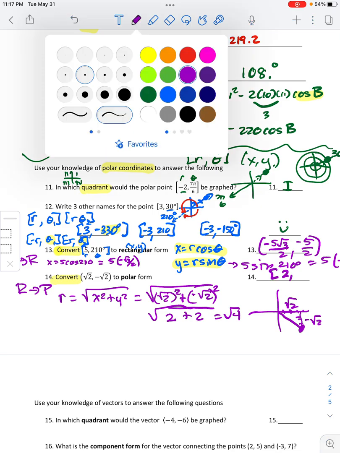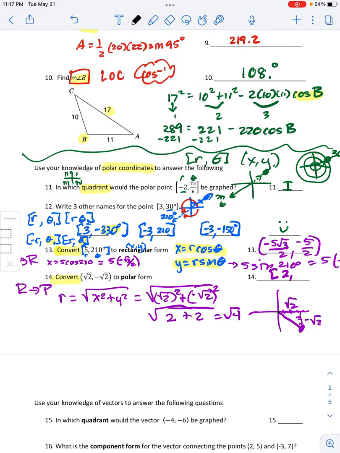So apparently, to get to this point, I'm going to be going 2 out. We just now have to find the direction. And direction is going to be theta. And if this is my notes formula for finding r, my notes formula for finding theta is going to say tan inverse y over x.